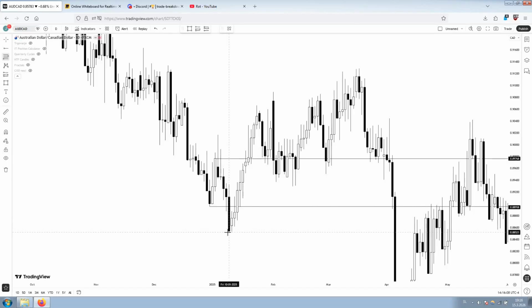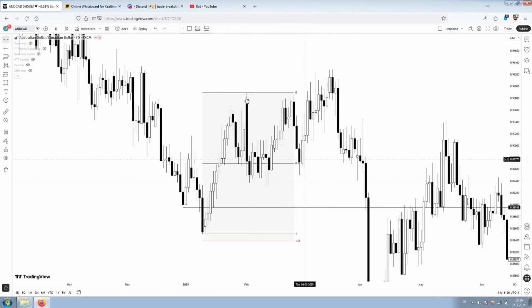So what do we do? We take the equilibrium, we connect the low over here and the high, and then you can see the price comes lower and creates a new high. So we drag equilibrium over here, and then the price comes into the discounted zone, below 0.5 on equilibrium, which means that the shares of Australian dollar, Canadian dollar over here are cheaper to buy because the price is lower in comparison to the price over here on the top.